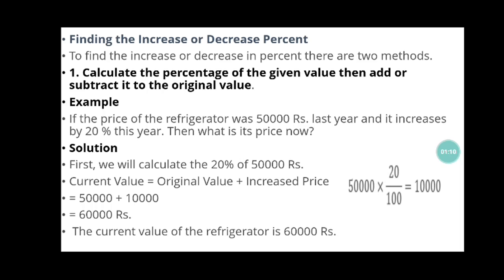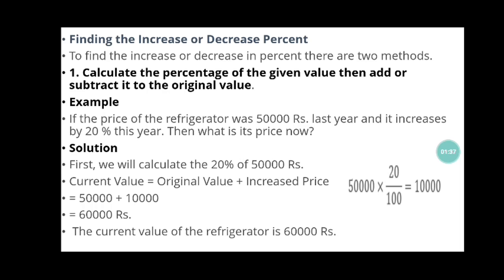So there is a refrigerator and its price was 50,000 last year. Now its price has increased by 20% this year. Now we have to find its price. So here is the solution. First we have to calculate 20% of 50,000.